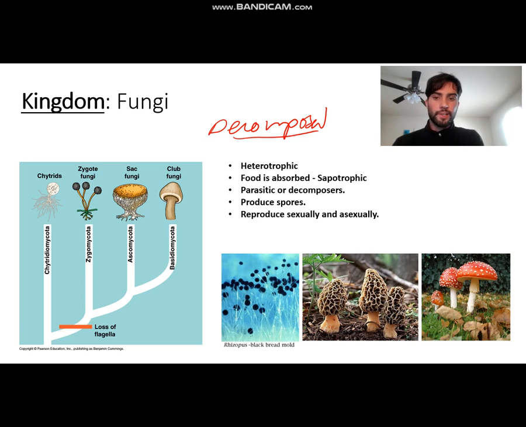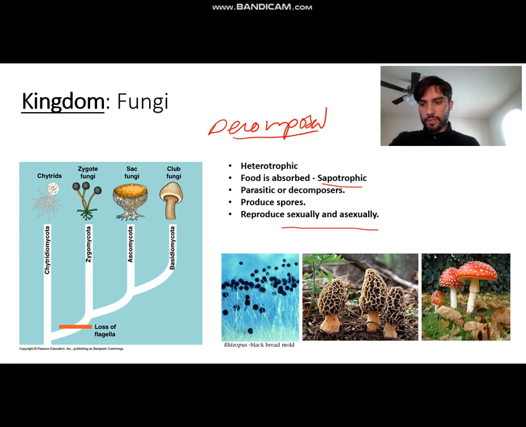They do not digest the food inside like animals do. They release enzymes to the extracellular environment, and then they absorb the nutrients already dissolved, so they are saprotrophic, where they absorb the food. And some of them are parasitic. They produce spores and reproduce both sexually and asexually.